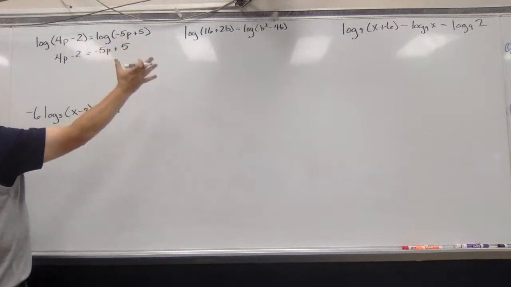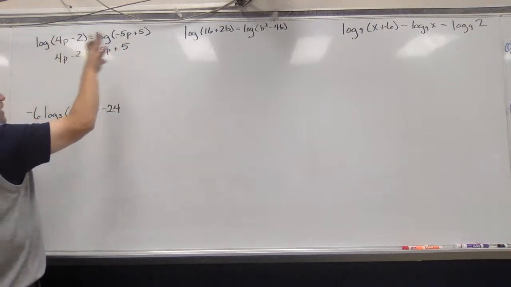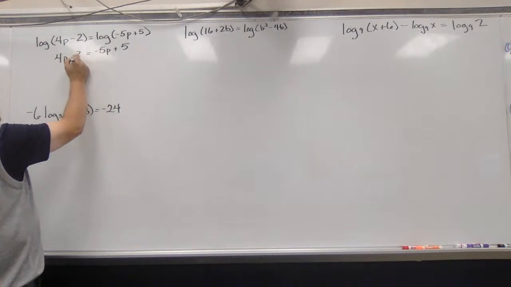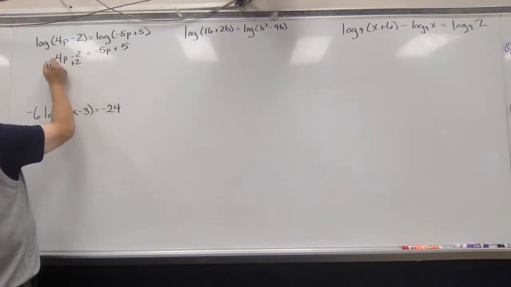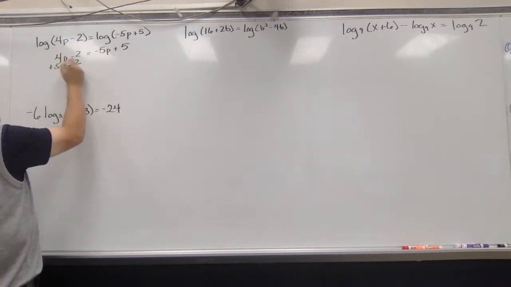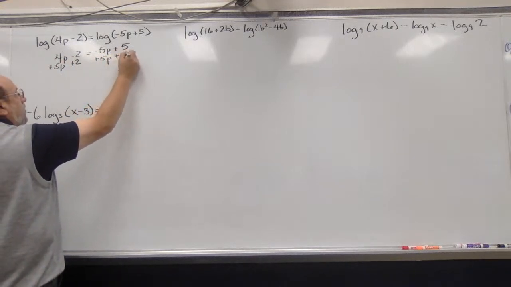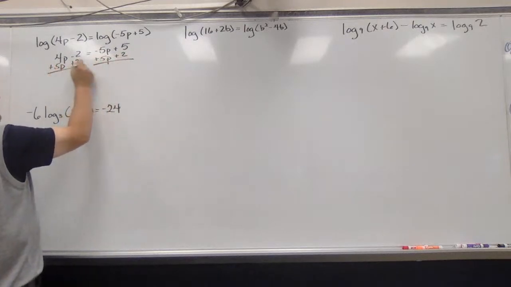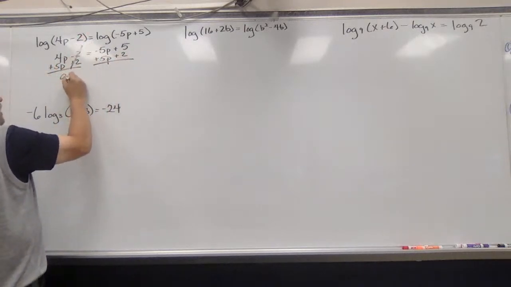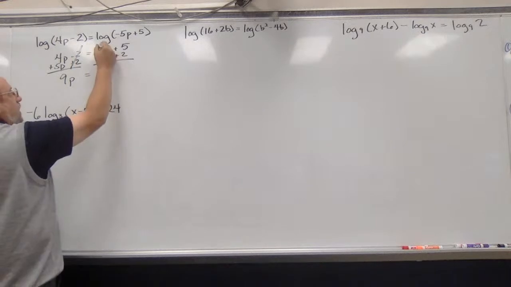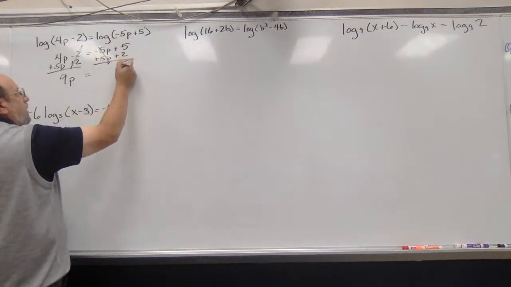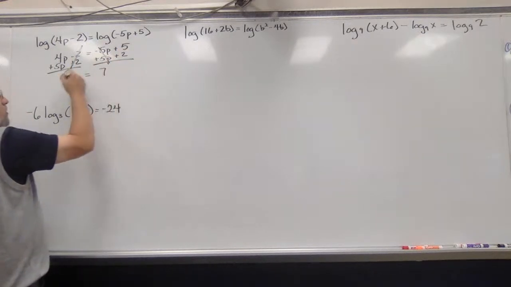Now I'm going to get all my p's over here, all my constants over there. So plus 5p, plus 2. My 2 is gone from here, and I have 9p over here, and then that goes away, and 5 plus 2 is 7. 9p equals 7.